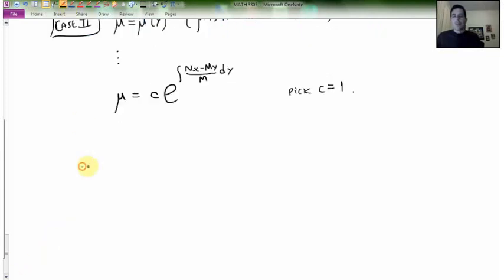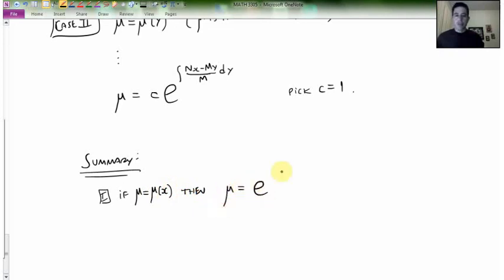Okay, summary. Now, I don't think you want to derive all of that. I think it would be better to memorize these two integrating factors. So we have case number 1. If you think mu is a function of x, then the integrating factor is mu equals e to the integral of (my minus nx) divided by n dx.